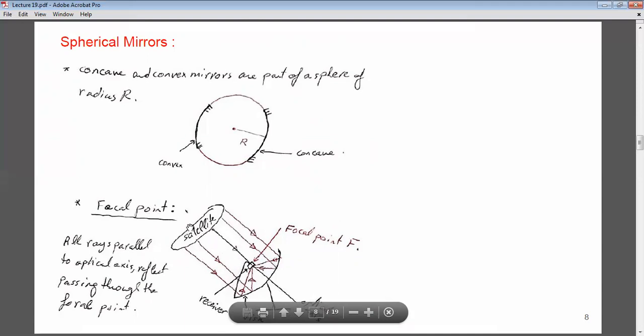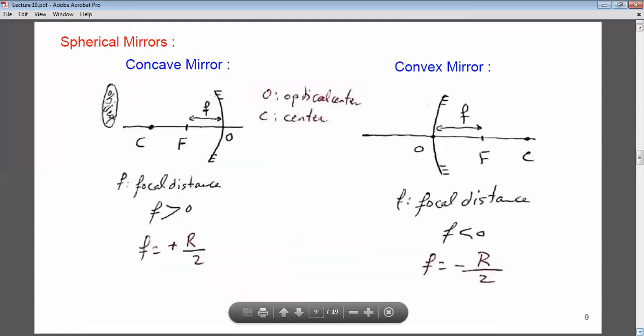Now, if we draw many rays parallel to the optical axis, this one will be reflected like this, this one like this, and so on. This point over here, where all these rays meet, is called the focal point F.